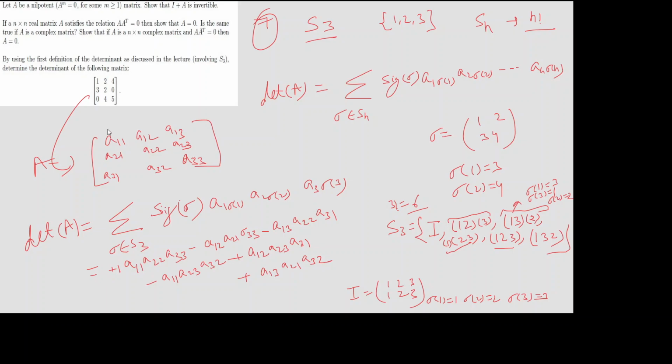So now just put in all the values. For example, a11 is 1, a12 is 2, a13 is 4. When we put in all these values, the answer we got is 28.